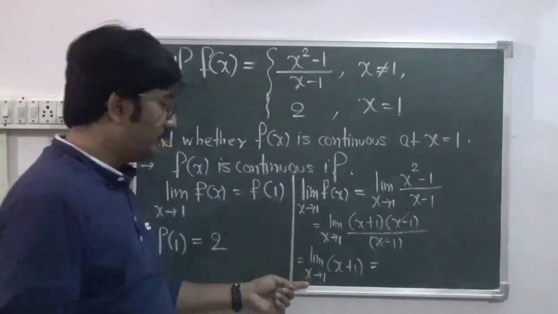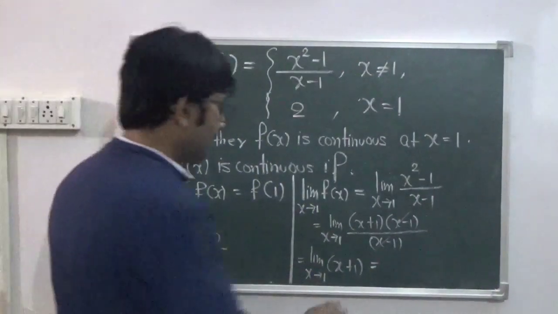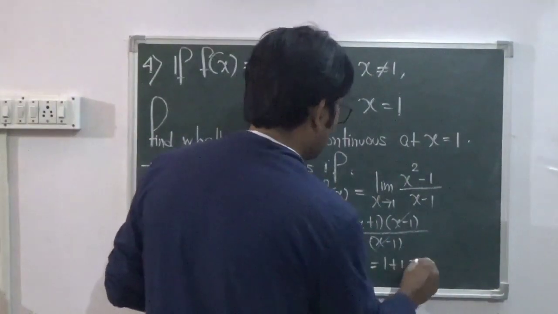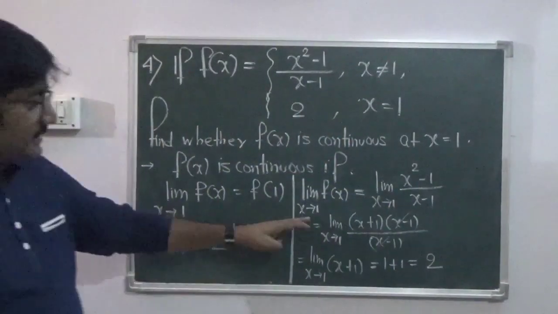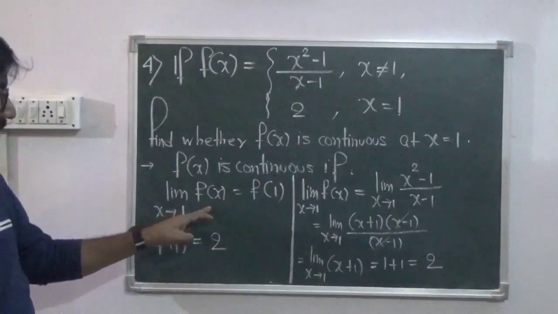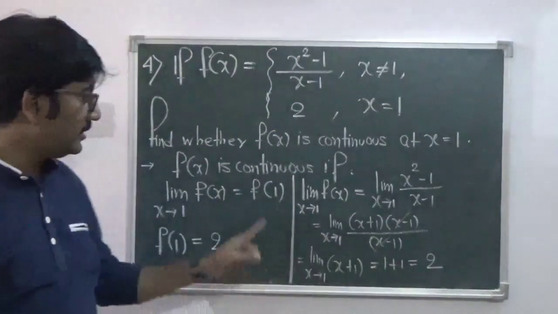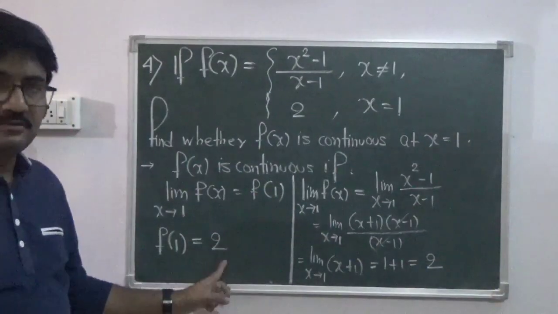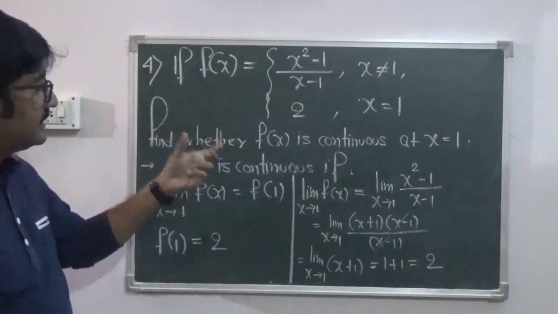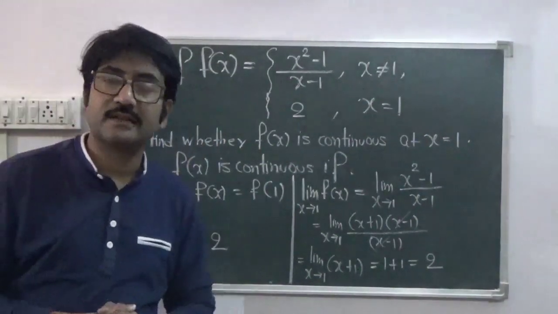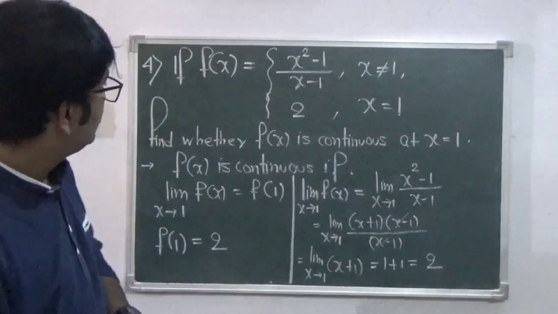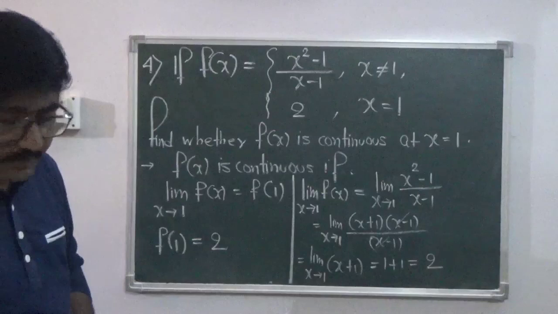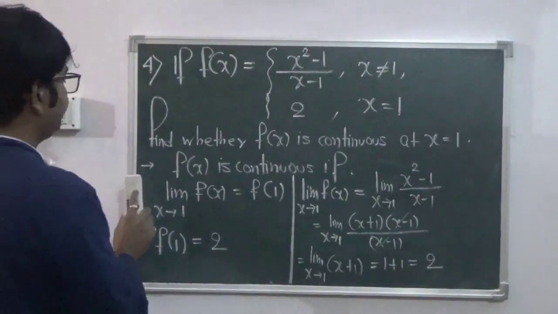Now we put x equals 1, so we have 1 plus 1, which equals 2. So limit x tends to 1 of f(x), whose value is 2, is also equal to f(1), whose value is 2. So we can say that the function is continuous at x equals 1. Okay. Now to continue, we move on to the next question, number 5.